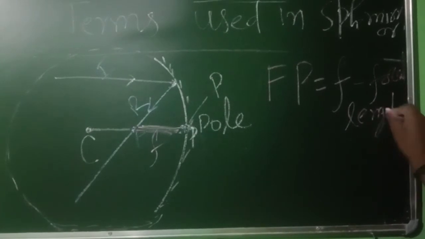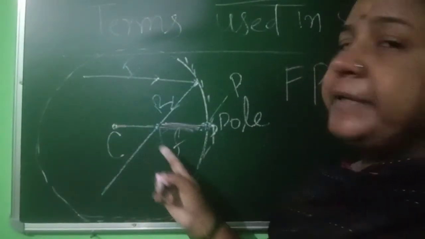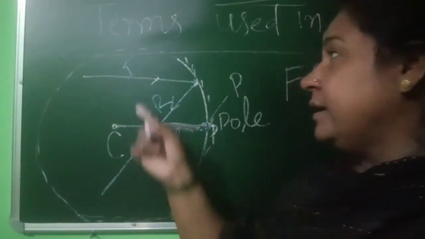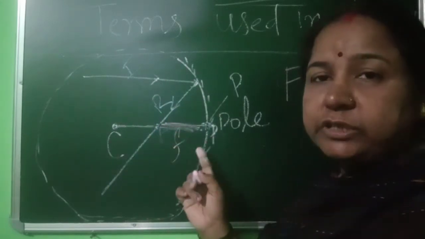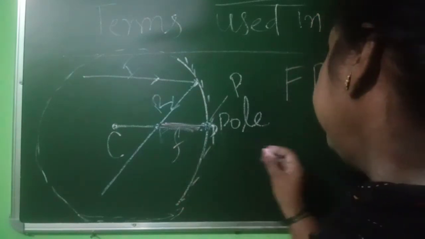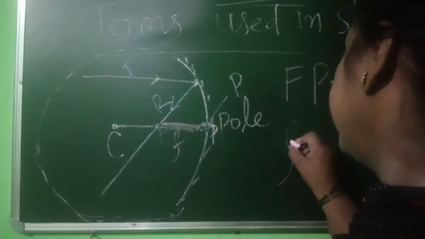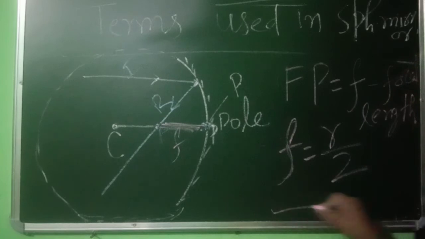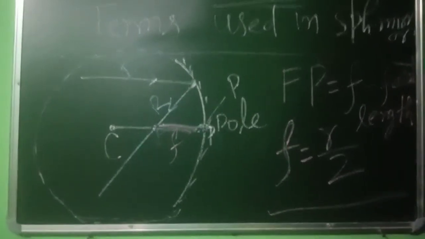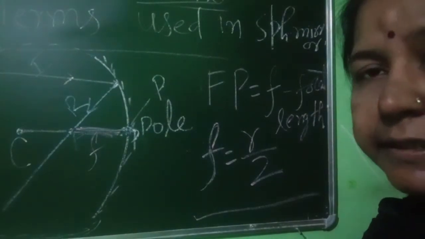And you see here that CP is also the radius of the sphere. Now f is half of the radius. f is equal to R by 2. Focal length is equal to R by 2, that is half of the radius.